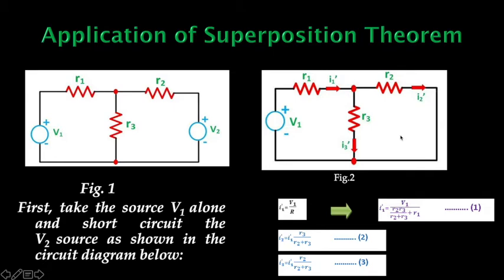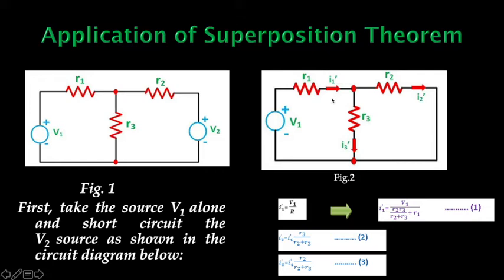Here R2 and R3 are in parallel. Hence, the resultant is R2 into R3 divided by R2 plus R3. This resultant is in series with R1. So the equivalent resistance of the circuit R equals R1 plus R2 into R3 divided by R2 plus R3.